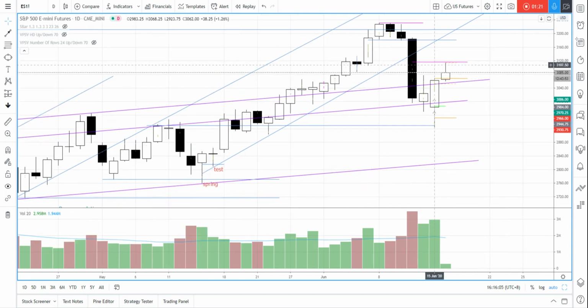Apart from that, the volume has been picking up compared to the prior day. The volume is actually higher, and we have seen a much better rally compared to 12th of June as well. So that was actually the rally that I was looking for in a bullish scenario.